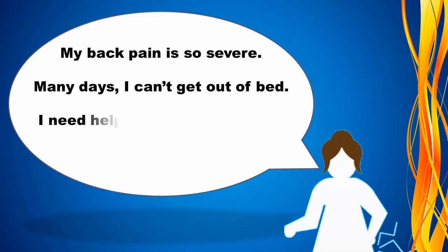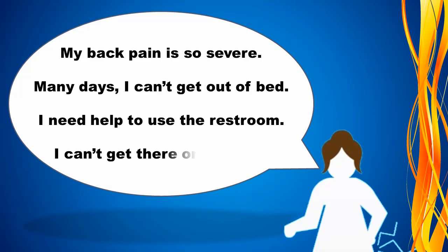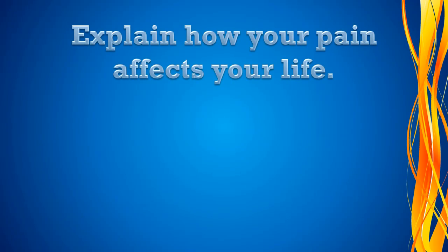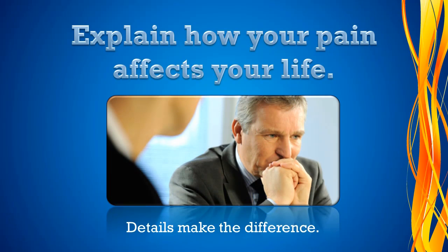My family and friends have to help me when I do get up to use the restroom because it's too painful and difficult to get there on my own." Note, this is a much better example because it paints a clear picture of how your pain affects your life and your ability to work. We can't stress enough how important detail is. It could make the difference between denial and approval when your appeal is being considered.